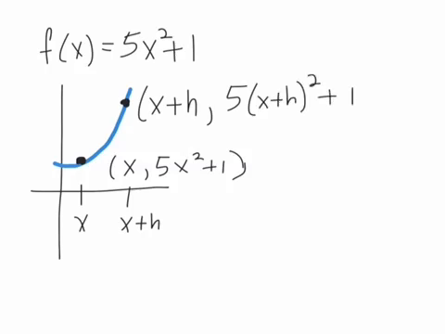It's a composition of functions problem like what you did in section 1.8 of the textbook. On the next page, we're going to use the slope formula to write the slope of the secant line that connects those 2 points. So writing the slope of the secant line, we're going to take one of the y values minus the other y value.